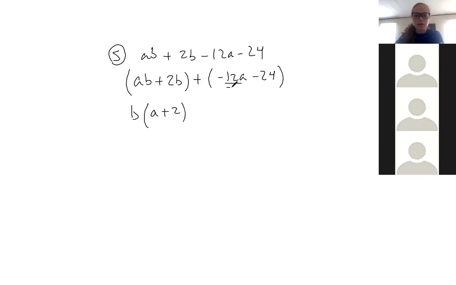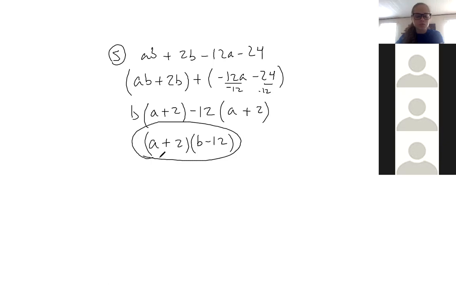I can pull out a negative 12 from both of these. I'm left with a plus 2. Again, factor out an a plus 2, and I'm left with b minus 12. Can I factor that anymore? Nope. So that's my final answer for number 5.